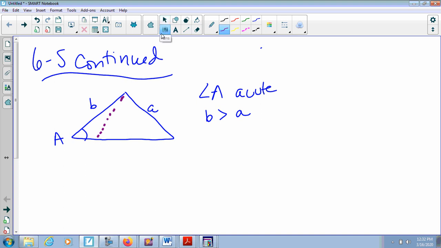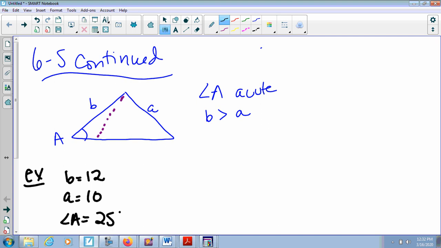So I'm just going to show you a situation and then how we can figure out when it is that we're going to have to do two separate triangles. So let's say that B is 12, little a is 10, and angle A is 25 degrees.